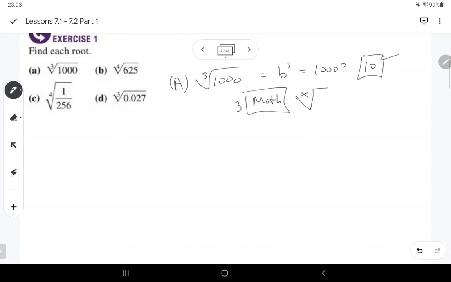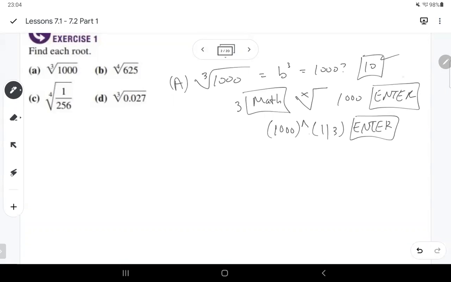Then you put in your 1,000 afterwards and hit enter. The other way you can do it is a parenthesis set, 1,000, parenthesis, exponent 1/3, and then enter. Either way should lead you to 10.